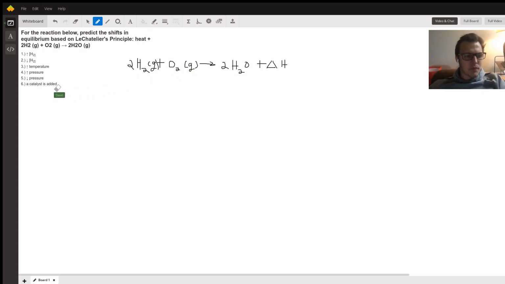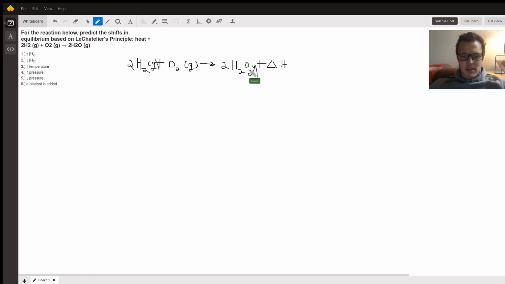Okay, so if you increase the pressure, a lower amount of moles would be favored. Everything here is in terms of gases, so let's switch over to here.